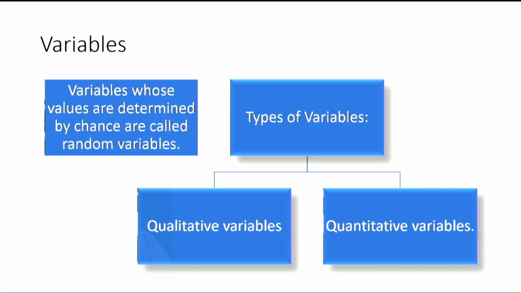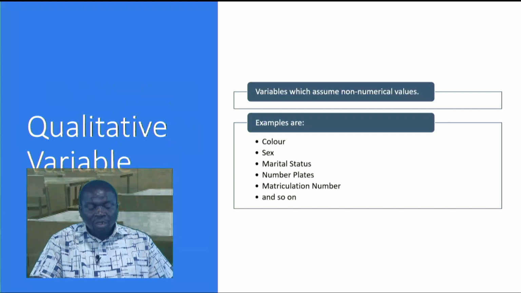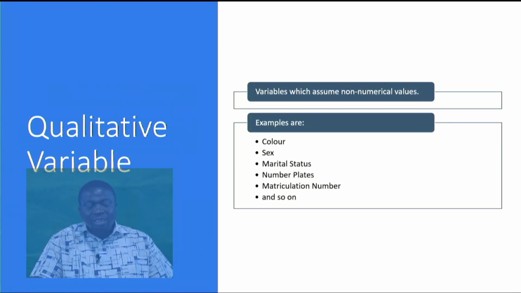Variables whose values are determined by chance are called random variables. And we have types of variables. We have qualitative variables and we also have quantitative variables. Now, what are qualitative variables?